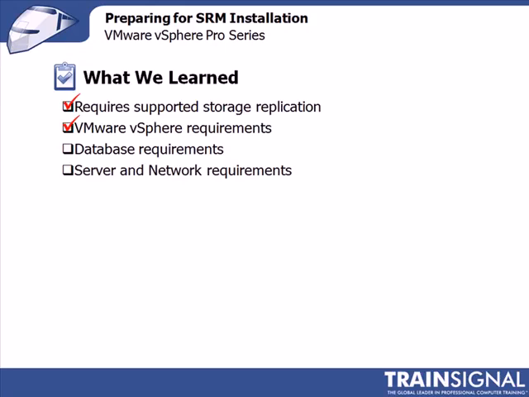SRM works on top of two distinct VMware vSphere installations with ESX servers and storage replication underneath that. That's your solid foundation. You also need to make sure that there's a database that's dedicated to each SRM server at the protected site and the recovery site. Otherwise, you won't be able to install the SRM software effectively.